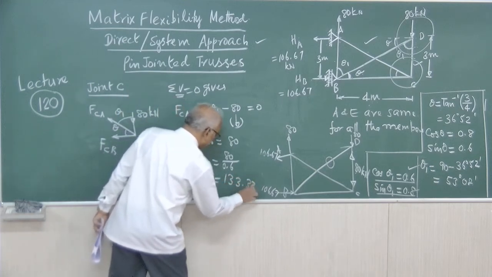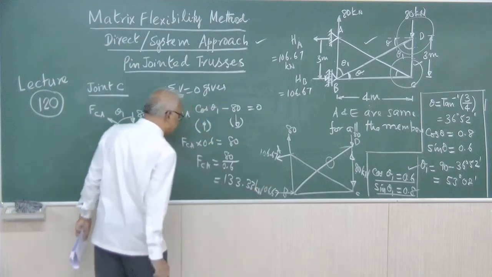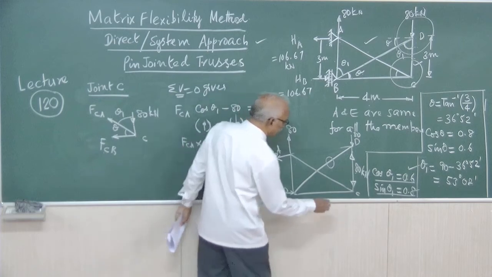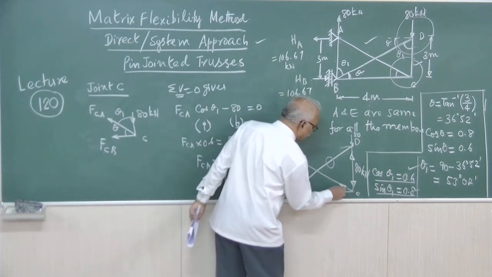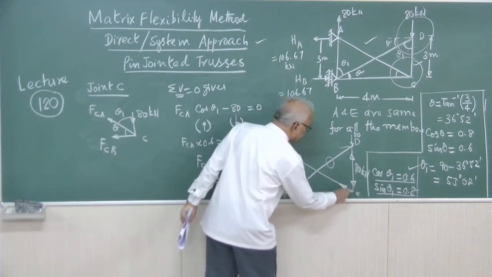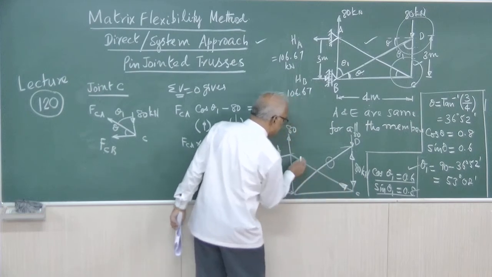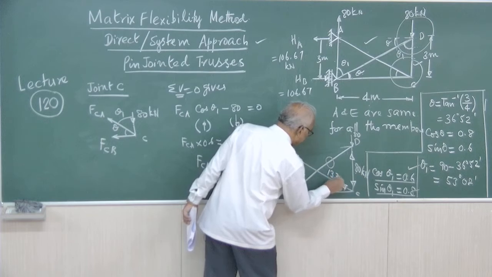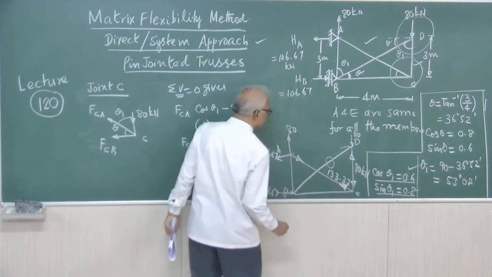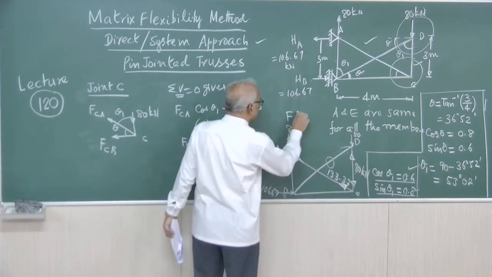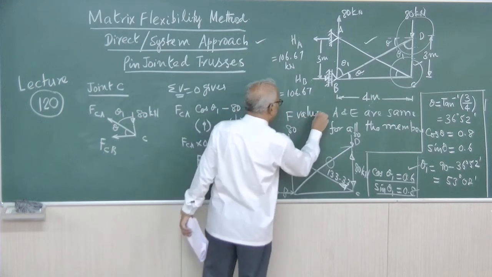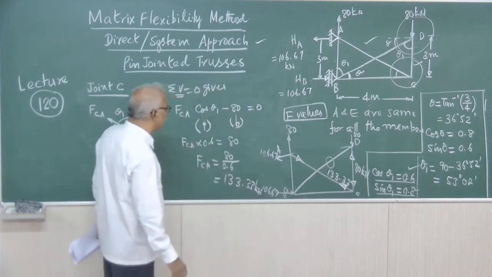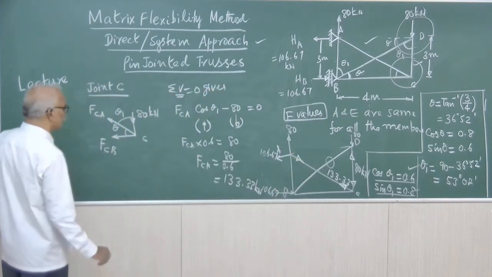We are getting it with the plus sign, therefore it is tensile. So FCA is tensile. Mark the arrows away from the joint because it is tensile. This value is 133.33. So this figure gives the F values. When you do the tabulation, you can straight away write down the values from the figure. Right, so that is one.